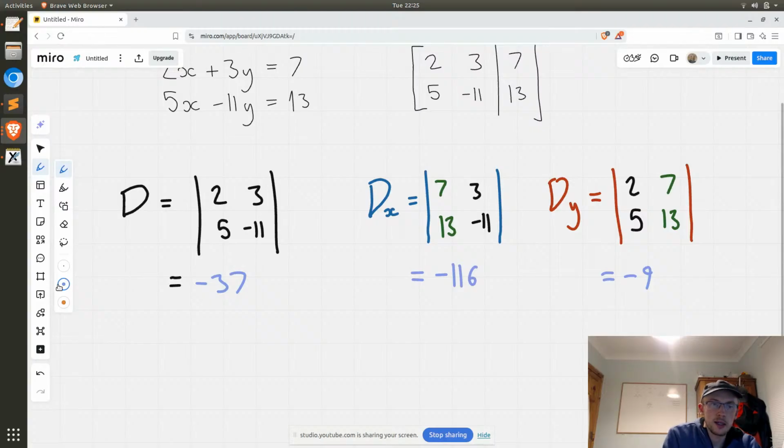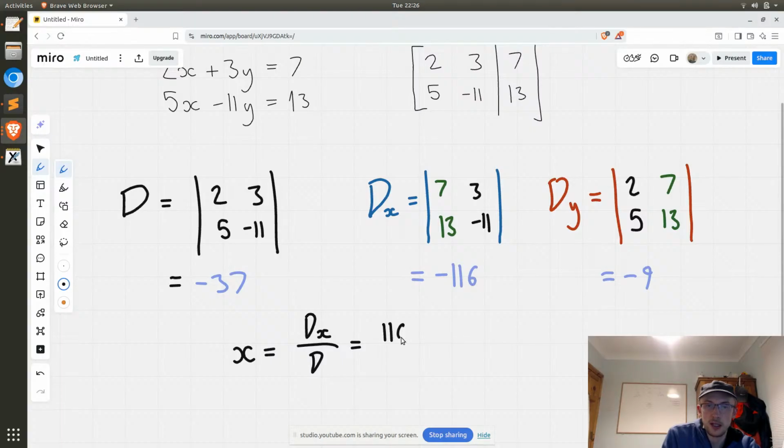And then, if I remember correctly, you just get the solutions by doing this. It's dx over d to get what x is. So that would mean negative 116 over negative 37.